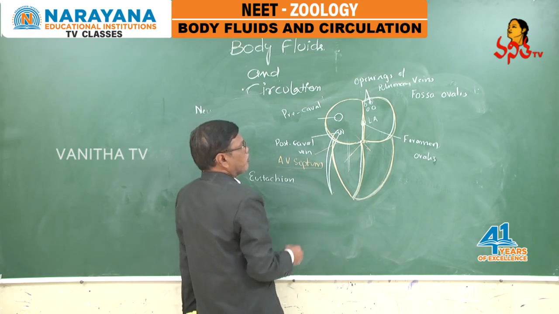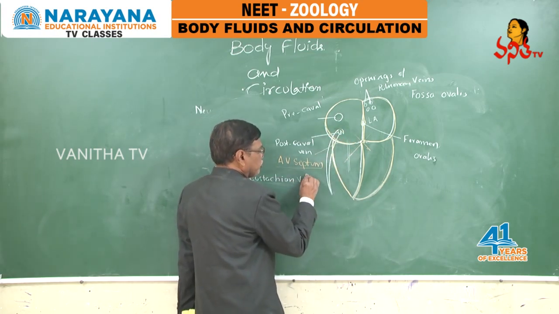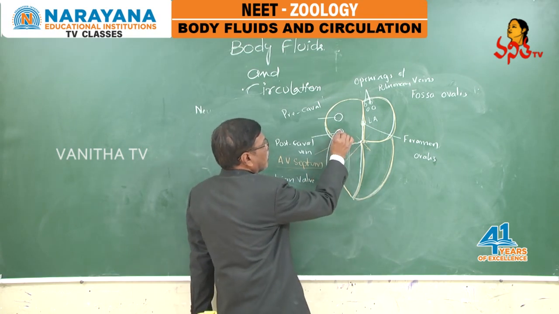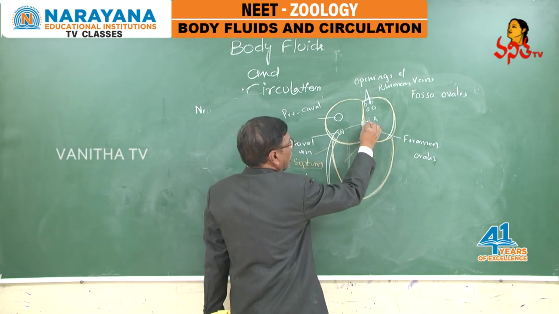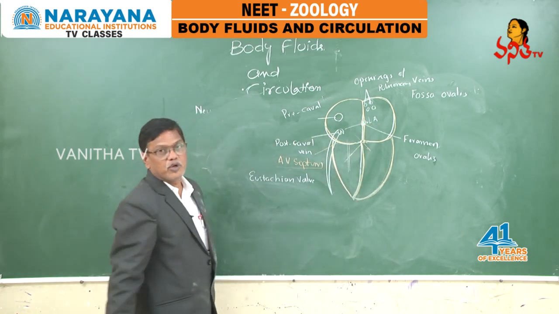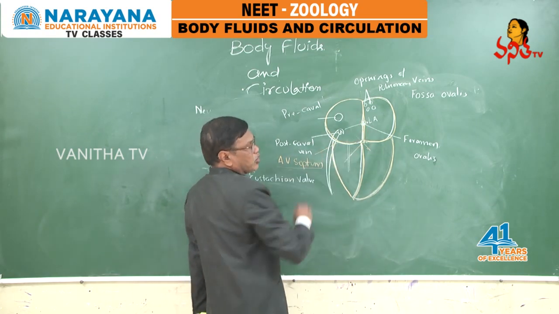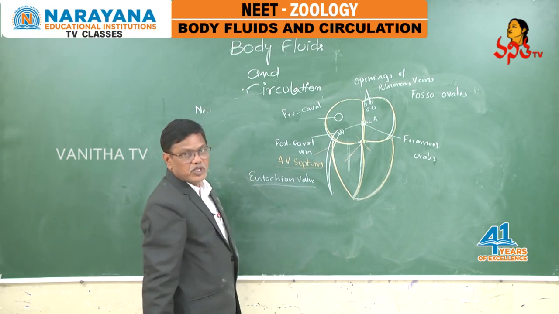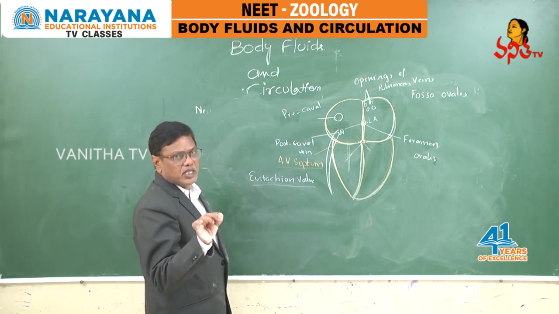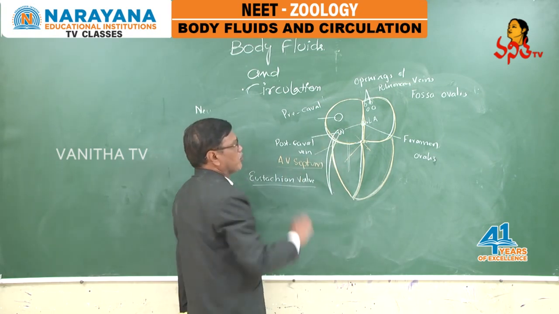That's why in the embryonic stage, this Eustachian valve directs the flow of blood from right auricle to left auricle through this foramen ovale. Once the foramen ovale closes and the lungs form, this Eustachian valve becomes vestigial, appearing as a thin flap-like structure in adults.